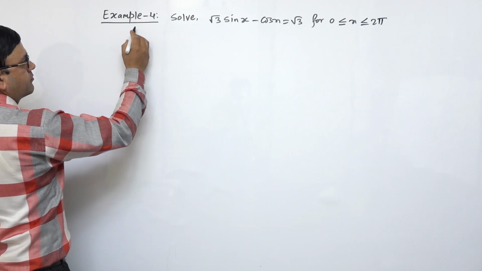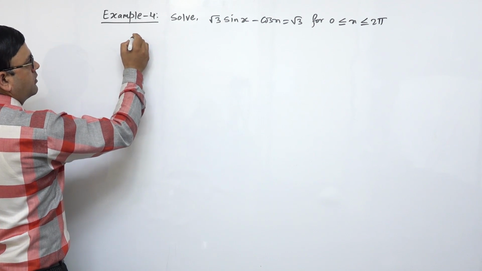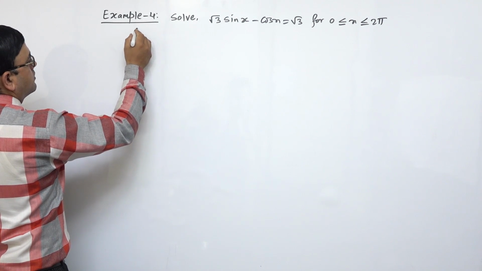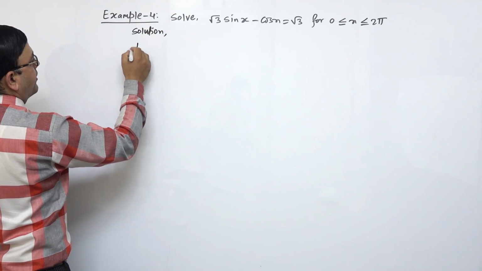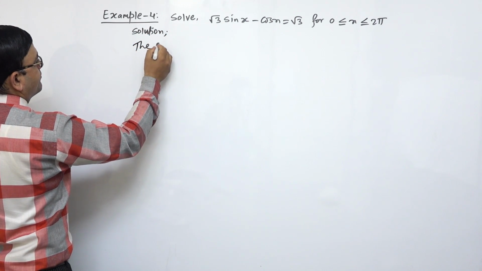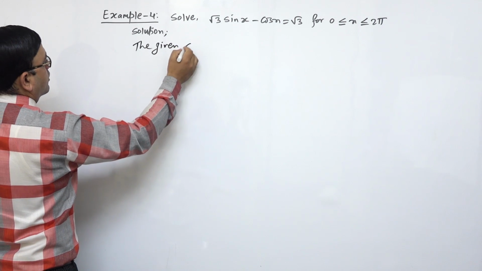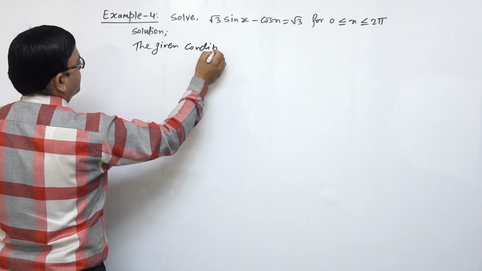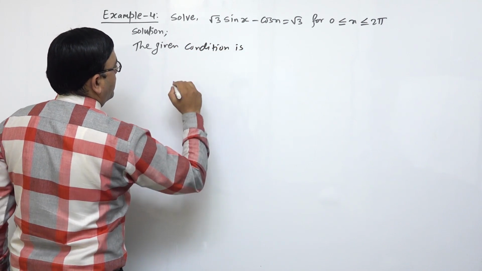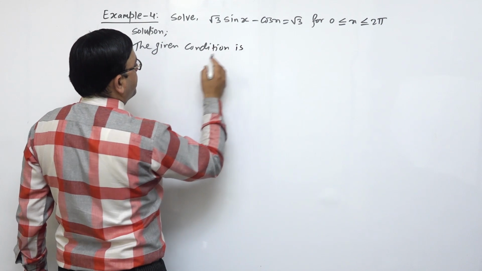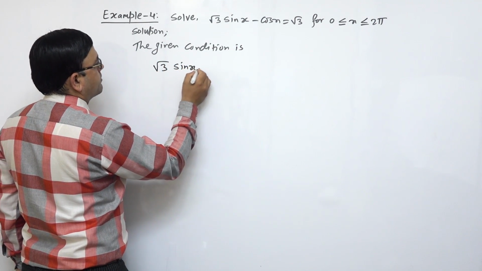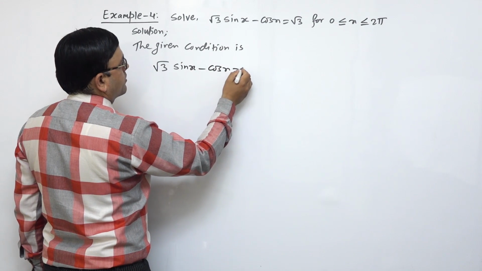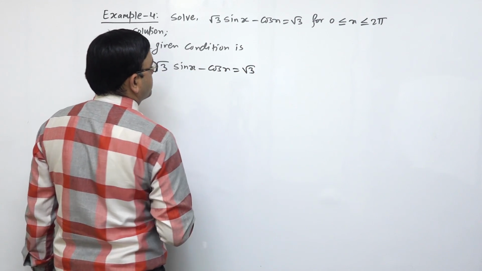Solution. The given condition is root 3 sin x minus cos x is equal to root 3.